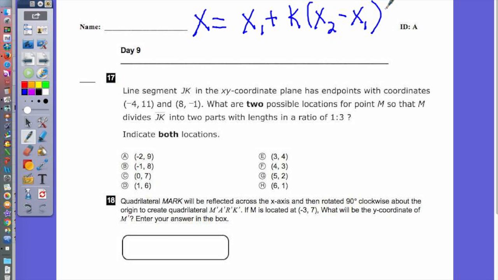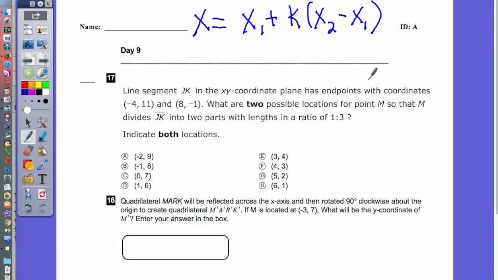So for the partition formula, you do it for x and for y. For x, that x by itself means that's going to be the x coordinate at whatever point you're finding that partitions, that breaks the segment. You take the first coordinate plus k, the ratio written as a fraction. 1 to 3 means there's one part to one side and 3 to the other.